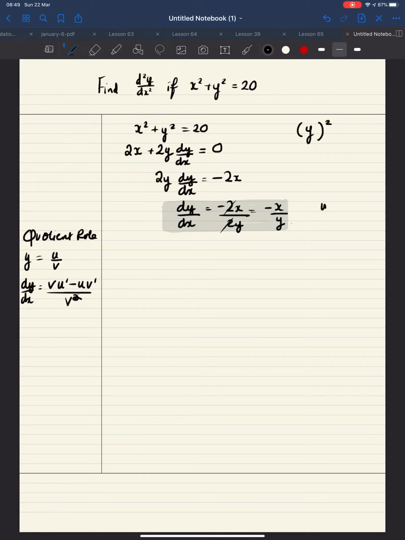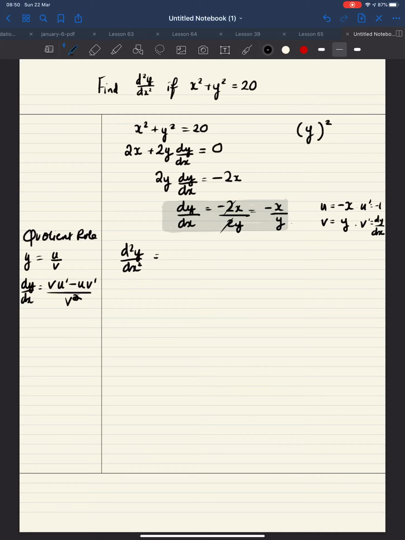So our u is minus x and our v is y. So d2y by dx squared, differentiating this, following this, v times u dashed. U dashed is minus 1. V dashed, when we get to it, is going to be dy by dx, because it's differentiating y.